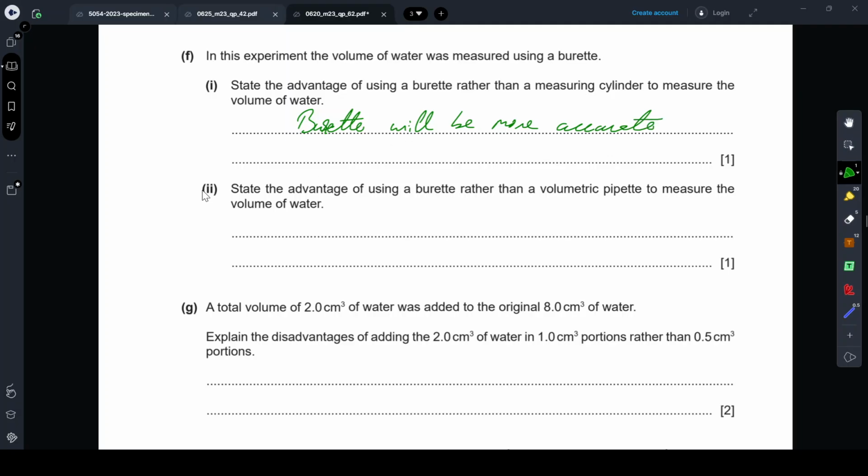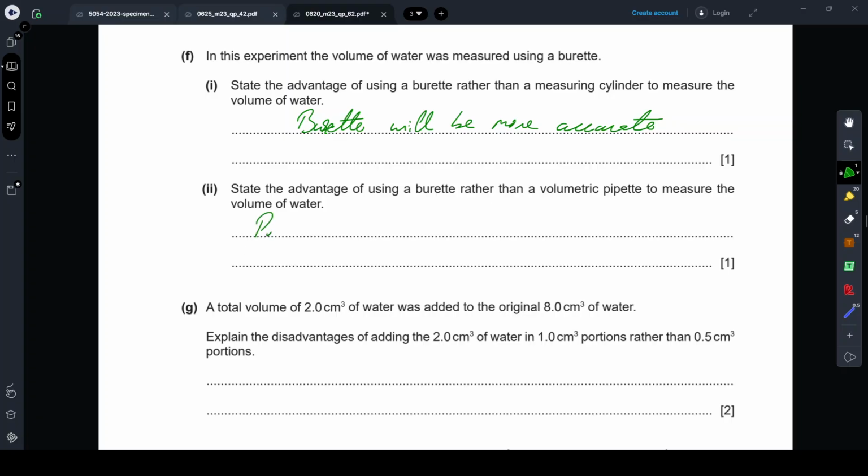State the advantage of using a burette rather than a volumetric pipette to measure the volume of water. It allows variable volumes.